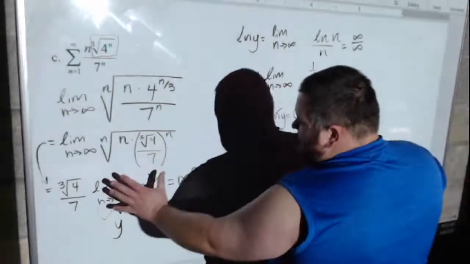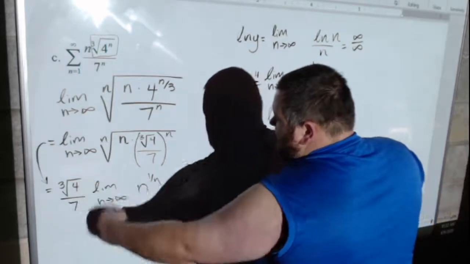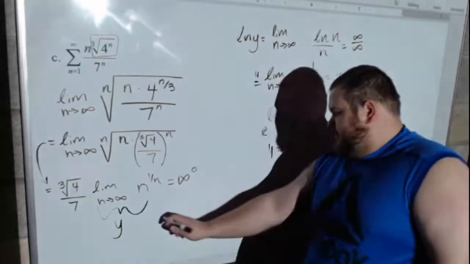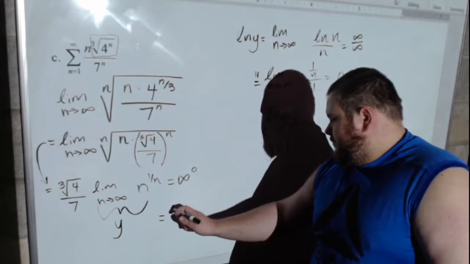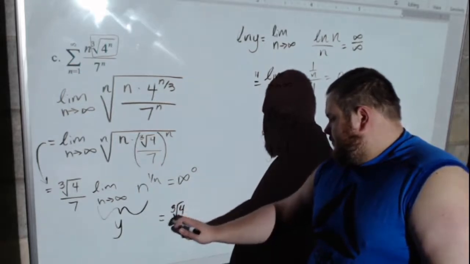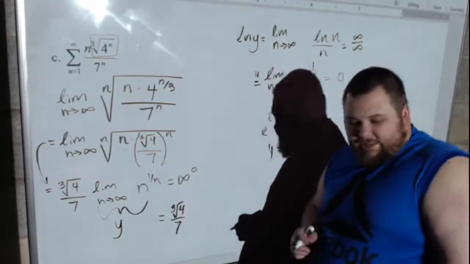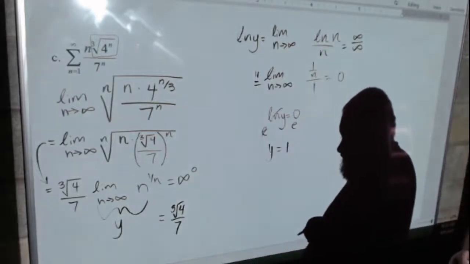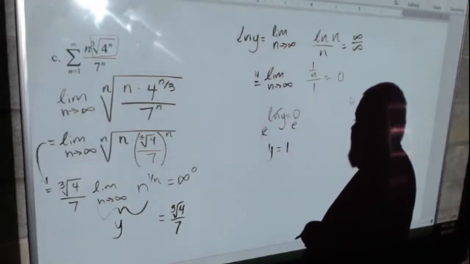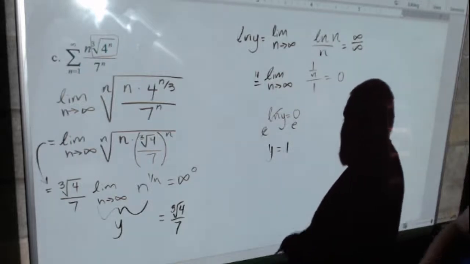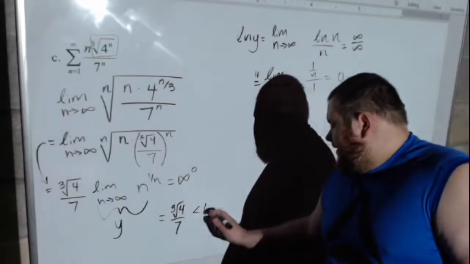So this limit here is 1 times this constant. So you get that for the entire limit. And that number is less than 1.